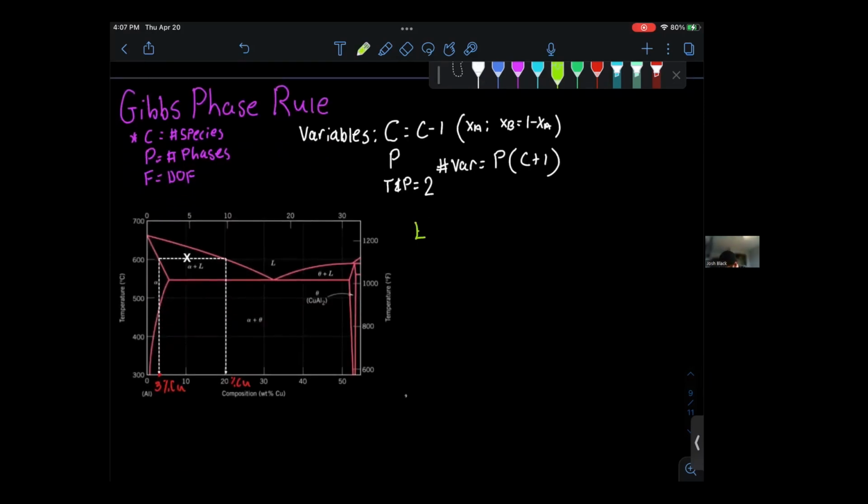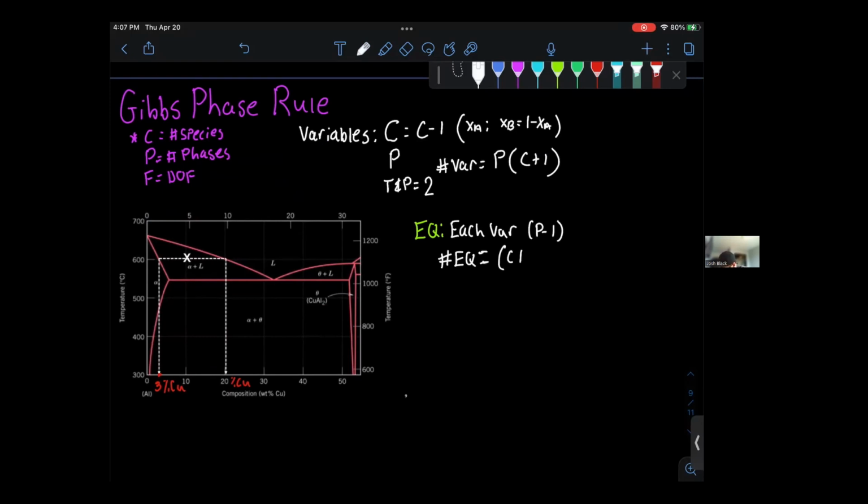For our equations, each type of variable is going to have P minus 1 equations. So for our number of equations, that's going to be equal to how many variables we have?